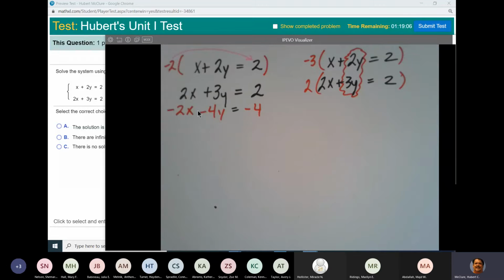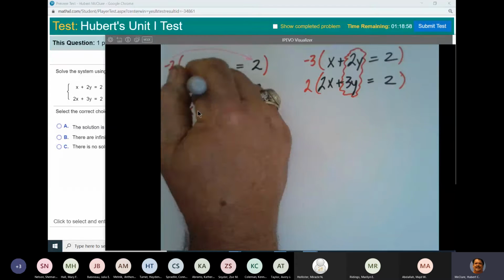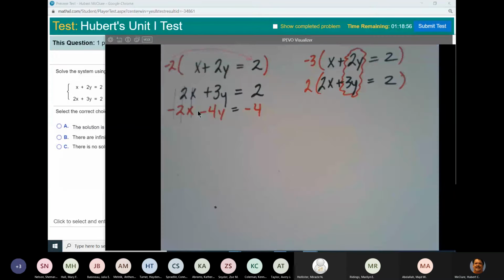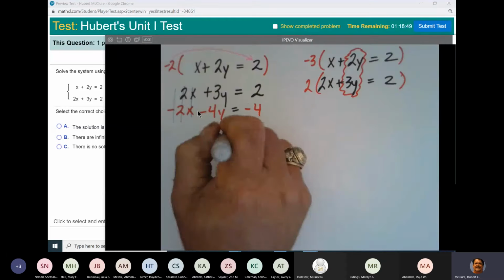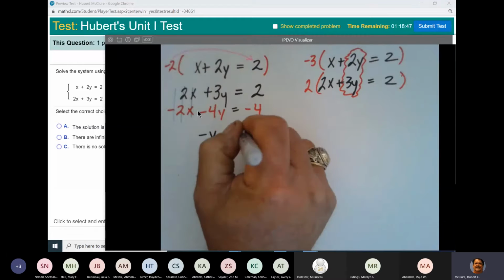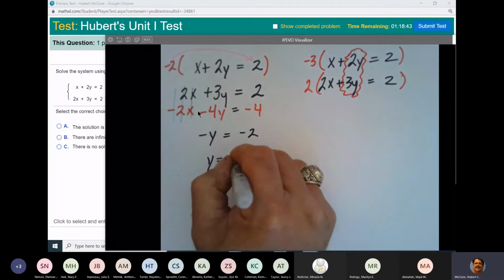All right, so what happens to the 2 x's? They cancel. They eliminate. That's what's supposed to happen. And you're left with -y is equal to -2. Y is equal to 2.